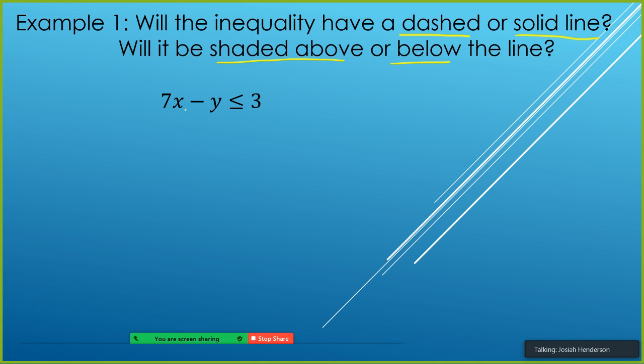Now, this is not in y equals mx plus b form, but we do see our symbol. And this symbol is going to tell us dashed or solid.